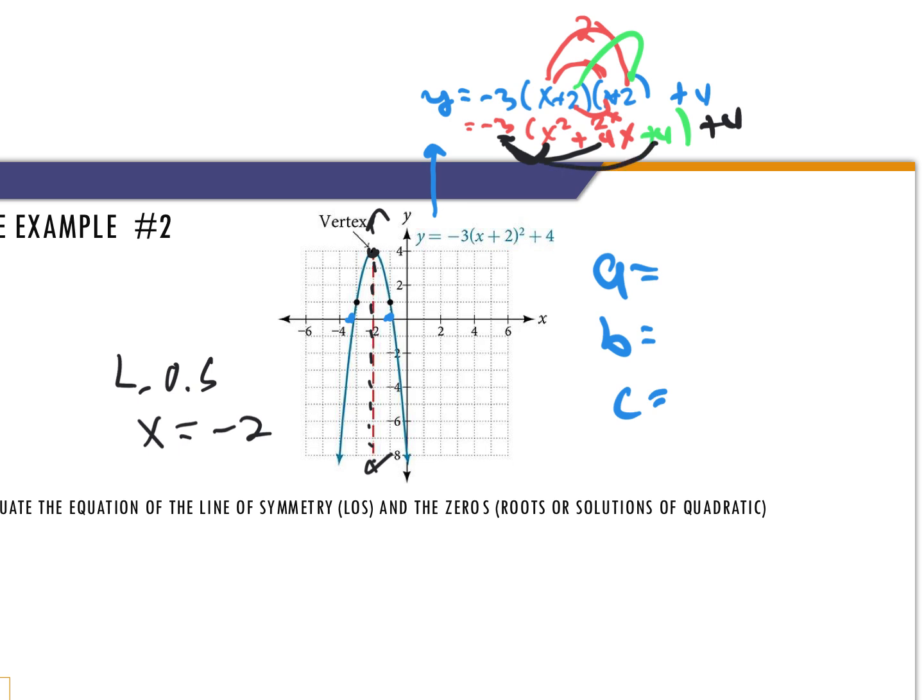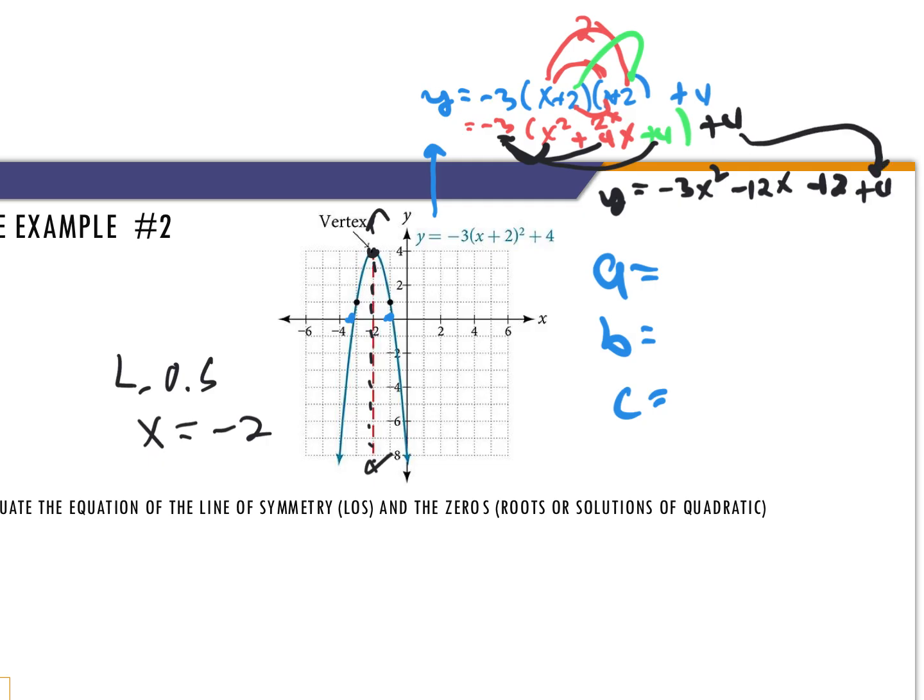So here goes. Y equals -3 times x squared, -3x squared. -3 times 4x, -12x. -3 times 4, -12. Don't forget our friend, the plus 4.